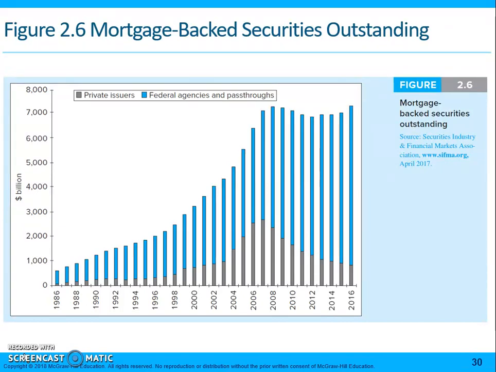You see that the private market grew considerably up to 2007, and then declined significantly, and every year since, while the federal agency market has continued to grow. Even during and after the financial crisis, those markets continued to grow.